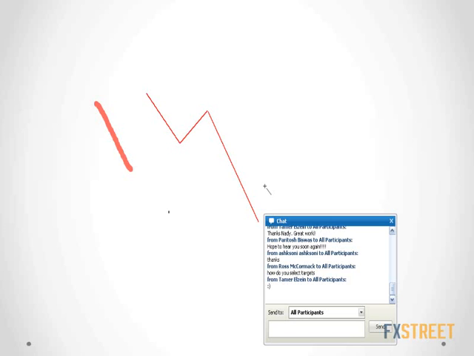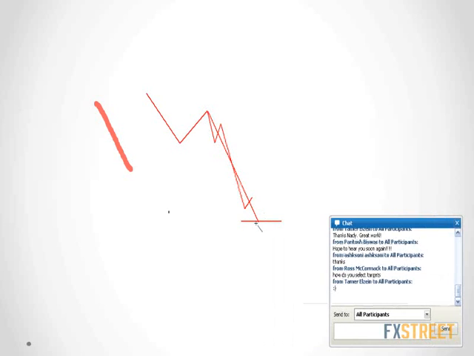We have more techniques to calculate targets, like we can use channels, we can use the subdivision. So let me explain this further. If this was a third wave, we have 1, 2, 3, and 4 within this third wave. Then we have one target around here for the completion of a third wave. However, wave 5 also equals wave 1.